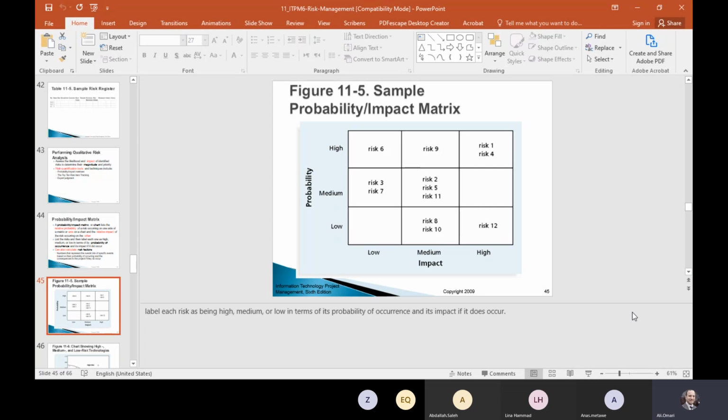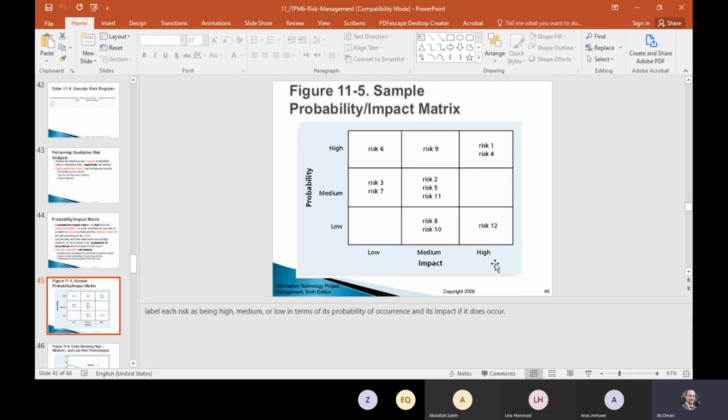So, probability impact matrix, as you see, the probability is on one axis, and the impact is on another axis, and the matrix defines the probability in terms of low, medium, high, and the impact again low, medium, high.